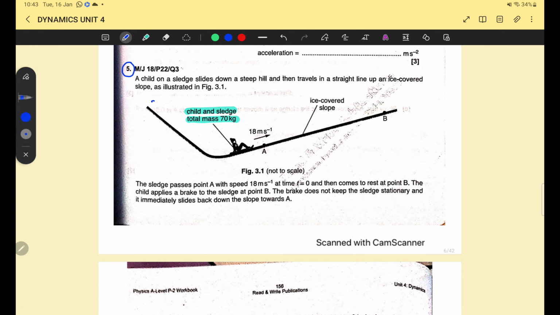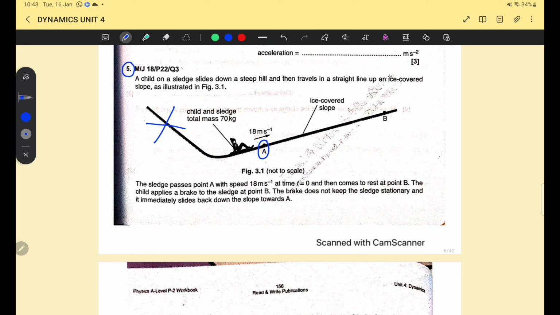The child is moving from the top, and as she slides down, her velocity is increasing. And at point A, her velocity is 18 meter per second.